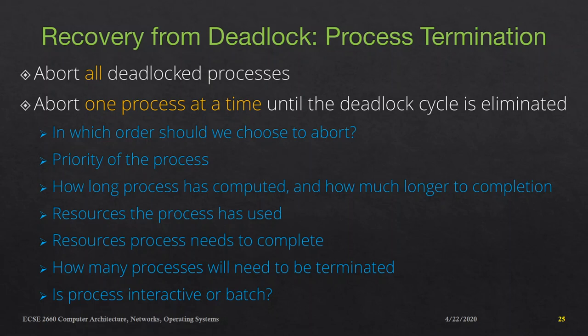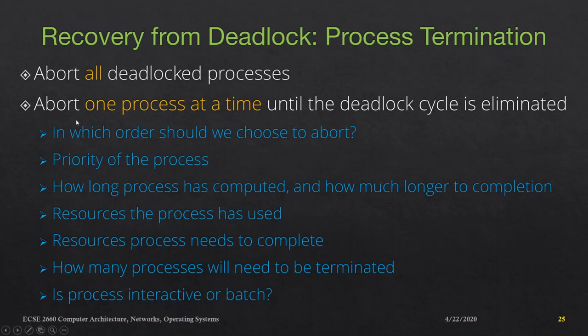A slightly better option, actually a lot better option, is to abort one process at a time until the deadlock cycle is eliminated. Now, we are going to choose a particular victim process and abort that until we eliminate the deadlock cycle.